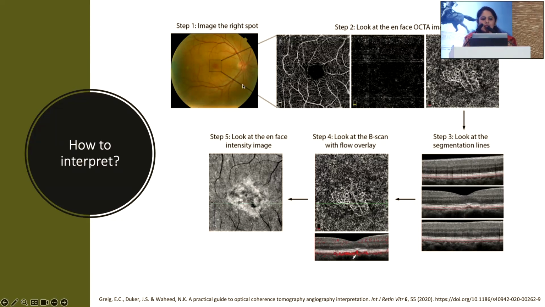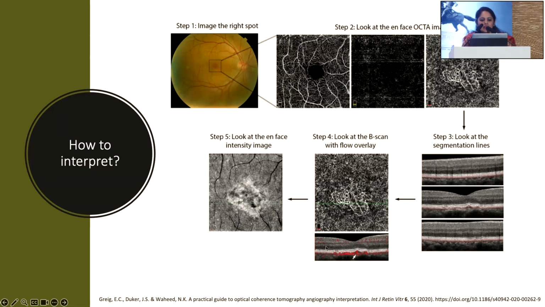So for example, this is the fundus photograph of a known case of AMD. Our area of interest is the macula, and the OCT has been done through that. These are the various slabs that we see in OCTA. This is the full retinal thickness, this is the avascular slab, and this is the choriocapillaris. As we see in the choriocapillaris, you can see this well-defined network of vessels.